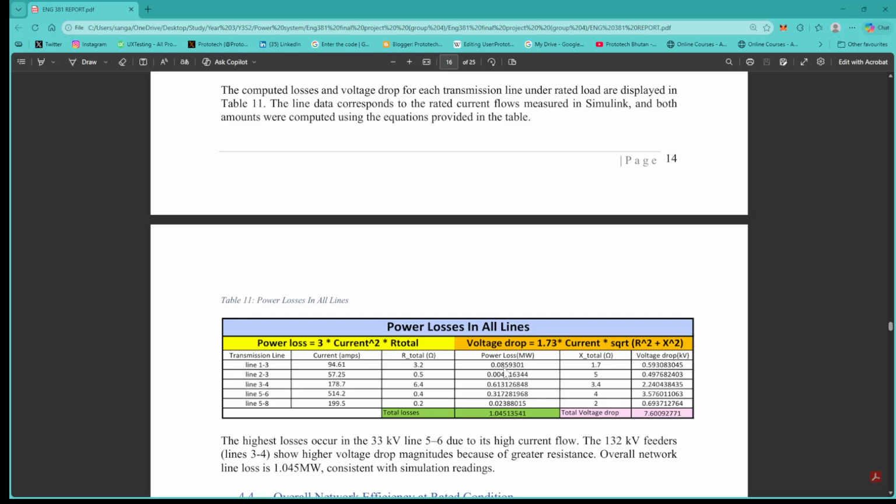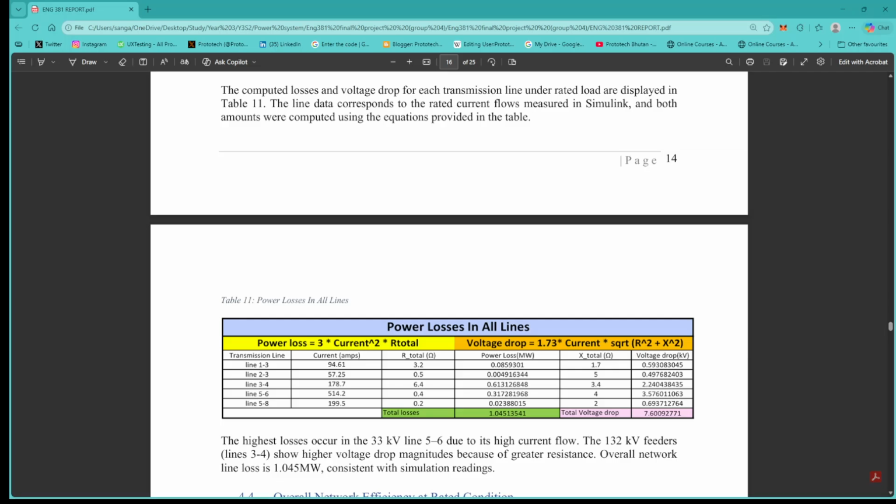Which one is that? Line 1 to 3. This one, because it has the highest current flowing through it.